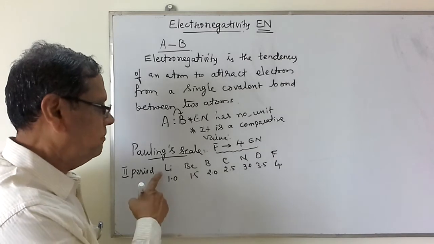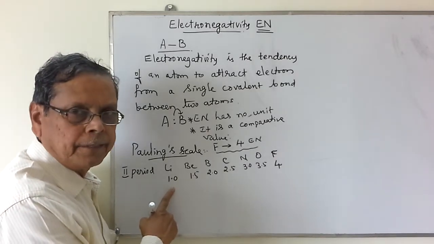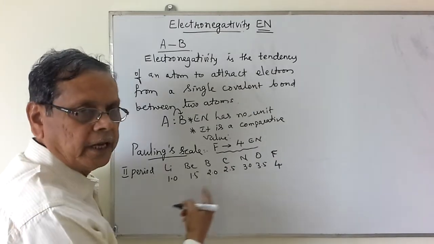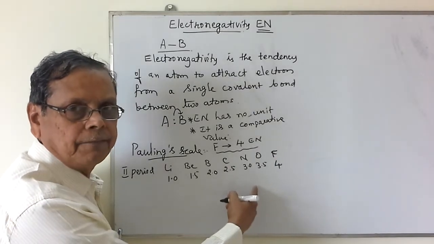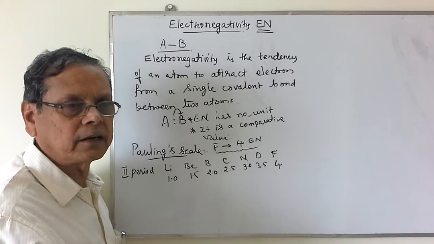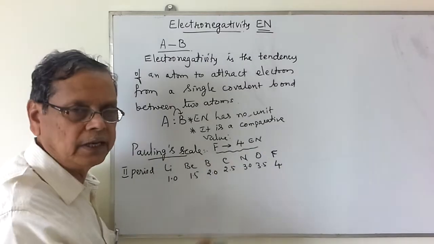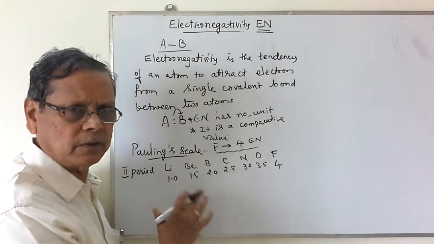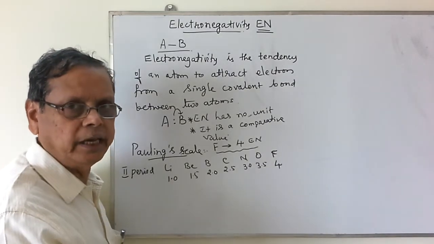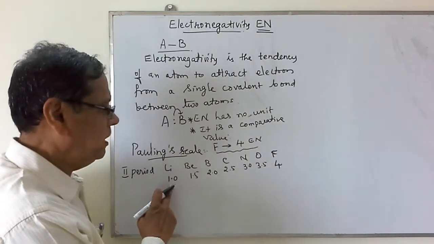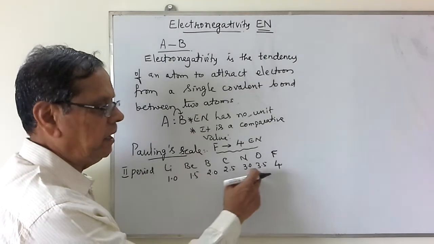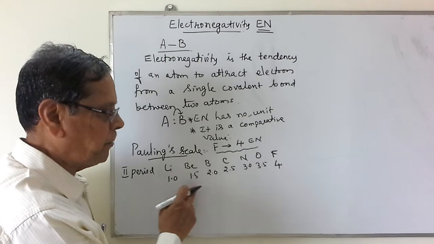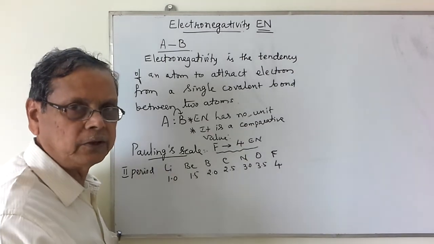Lithium has 1. So as we move from left to right, electronegativity increases. The tendency to attract the electron from a covalent bond goes on increasing. To remember the values in this second period, it is easy. From lithium you go on increasing for every element by 0.5 unit, or start from 4 and decrease by 0.5 unit when we move from right to left.